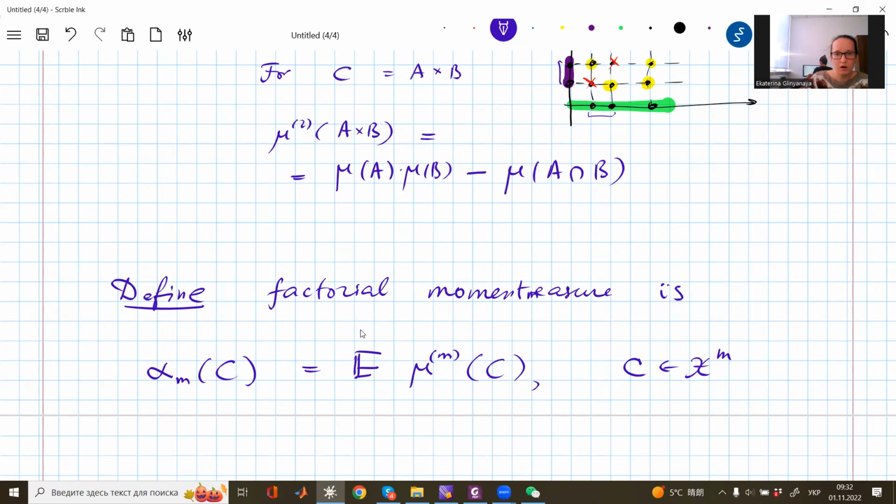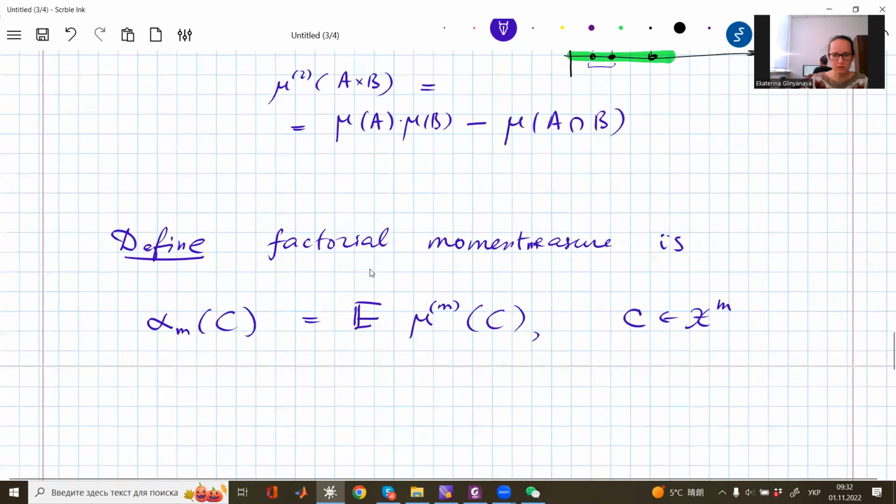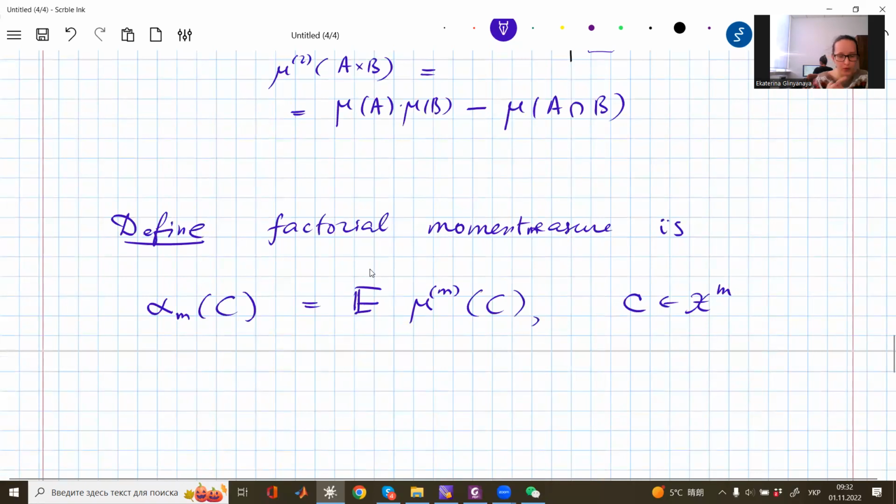Now, for simplicity, we can use the notation. So it's just notation. We will use later.